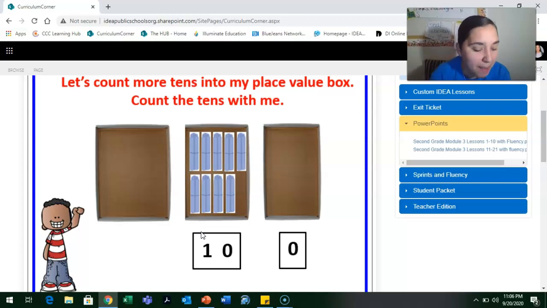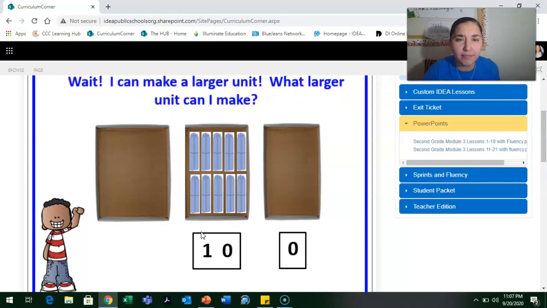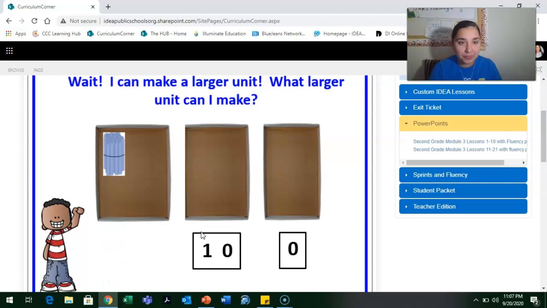Wait, if I put another unit of 10, I can make a larger unit. What would that new large unit be? Remember, I can bundle it. What would it be? Yes, 100. Let's make a 100.